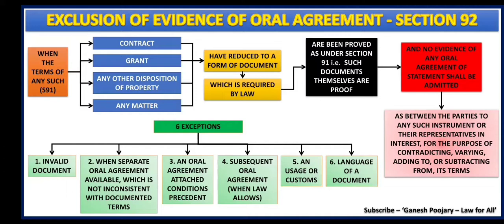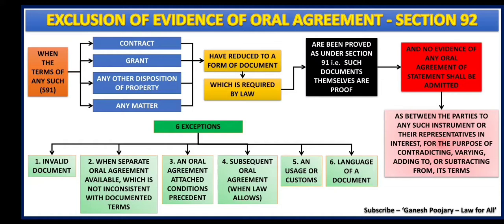The second one: there are a few oral agreements available which are not inconsistent with the documented terms. In that case, oral agreement can be considered by the court. The third one: when an oral agreement is attached to a condition precedent, in that case also oral agreement is considered valid.